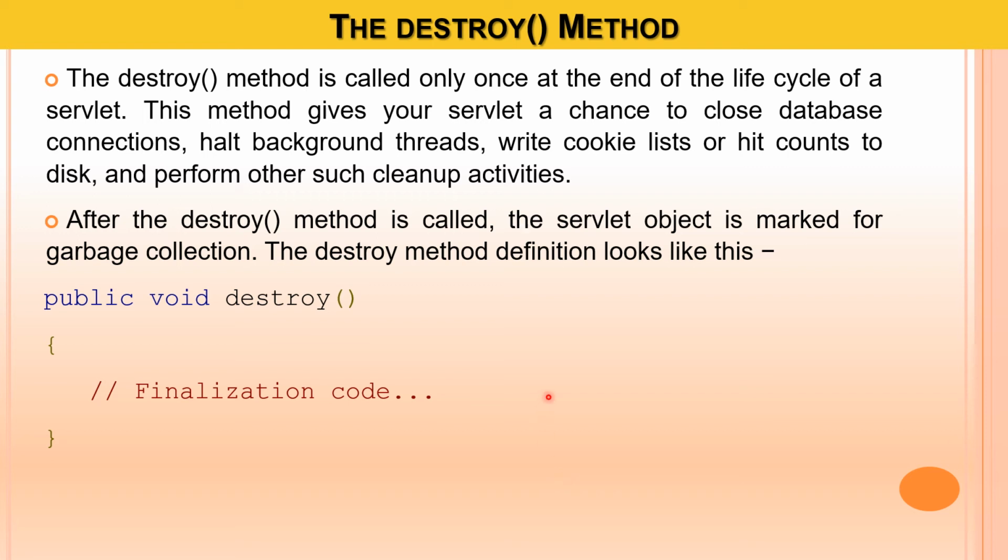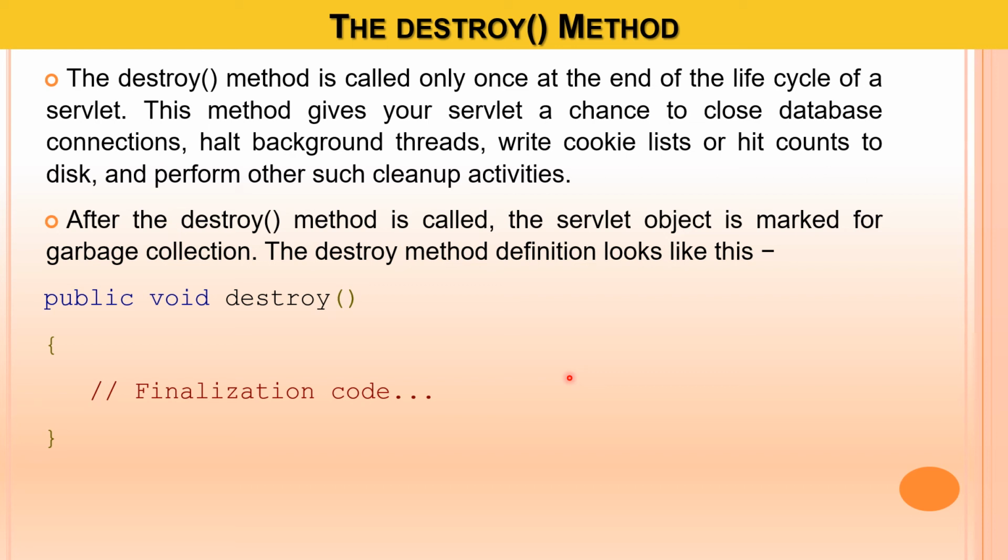So during the application's runtime, the destroy method will be called once, where these tasks will be performed: closing the database, halting background threads, writing the cookie list, or writing hit counts to disk, performing some sort of cleanup activities.